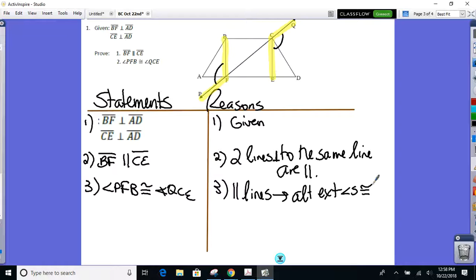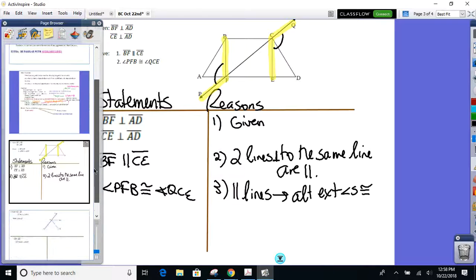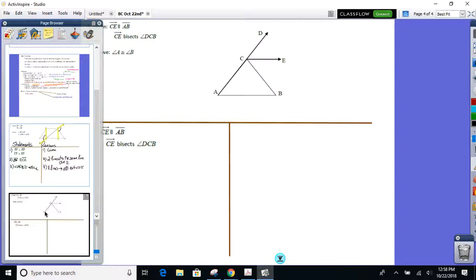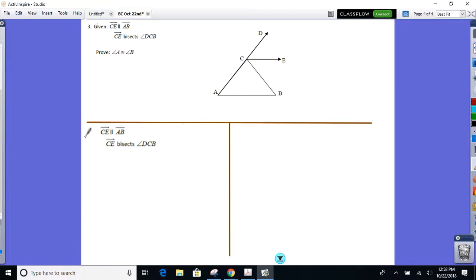Proof 3 now. Proof 3, everybody. Go ahead, get set up with proof number 3. Much different than the one we just went over.